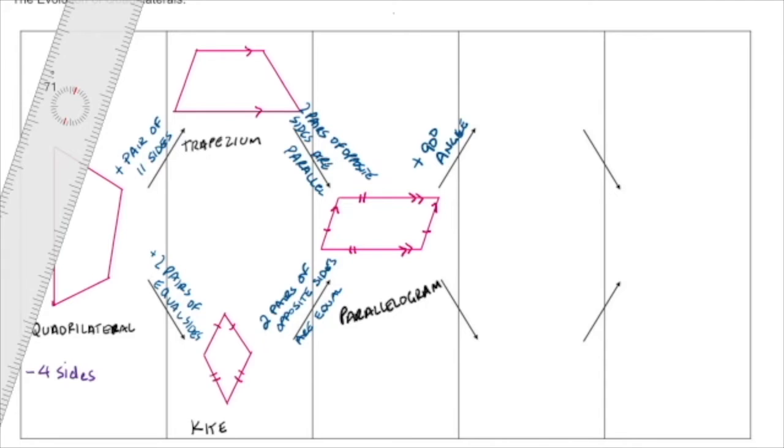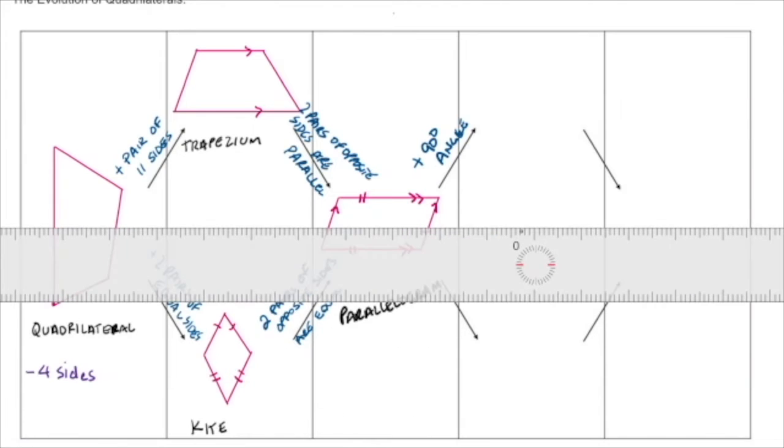So just as an added bonus, when we get one 90-degree angle in our parallelogram, we actually now have 4 90-degree angles in our parallelogram. And that gives us a whole new shape, which is really cool.